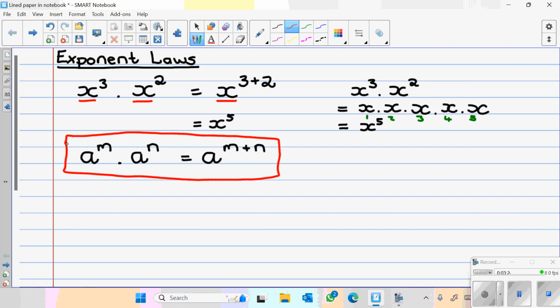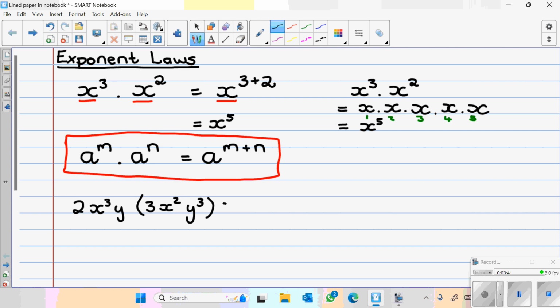Let's apply it to 1 or 2 sums. Let's say I give you 2x to the power 3 y times 3x squared y to the power of 3.